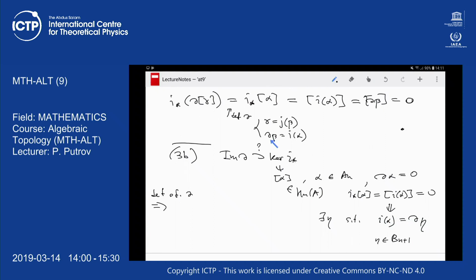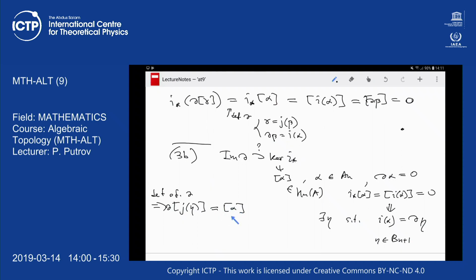So using this definition of D, d of j of eta should be equal to the class of alpha.